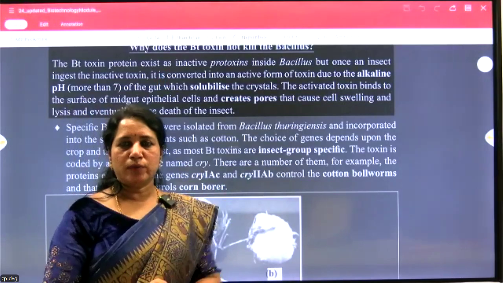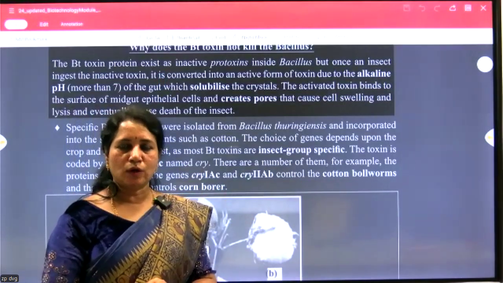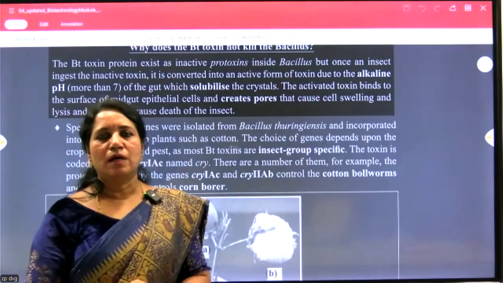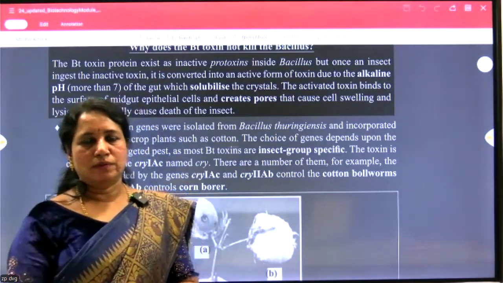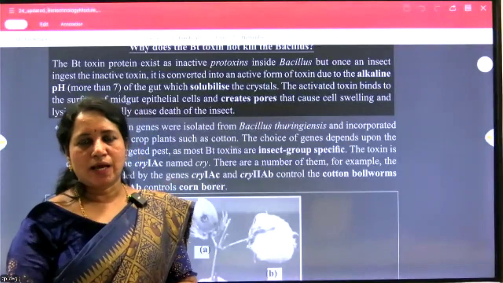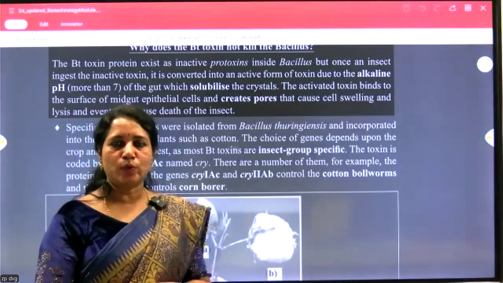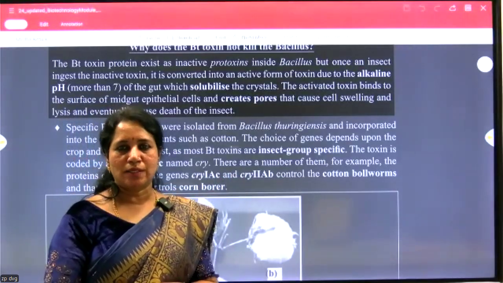Three genes taken from it are incorporated into the cotton plants using the cloning vector Agrobacterium tumefaciens, and they code for the crystal proteins, the insecticidal proteins.